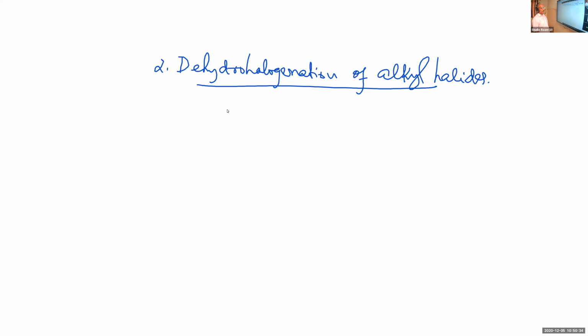So alkyl halides are formed by the replacement of just one hydrogen atom by a halogen atom.